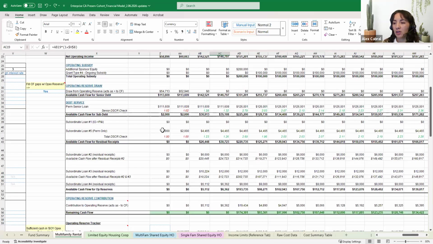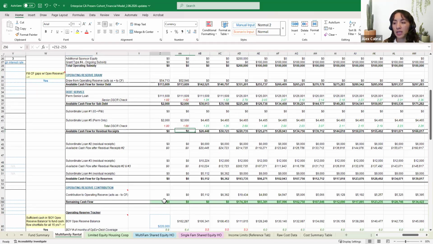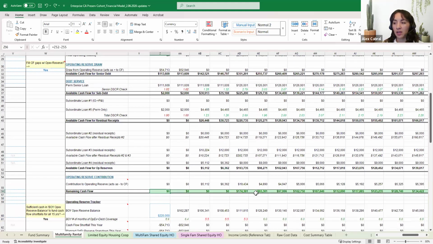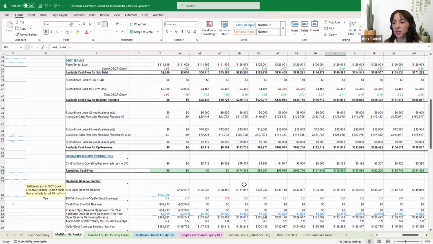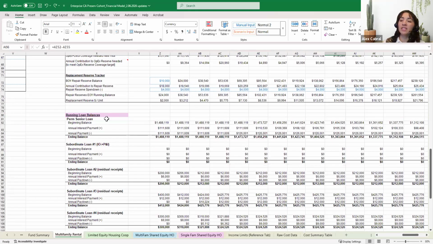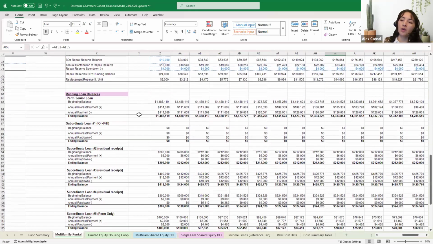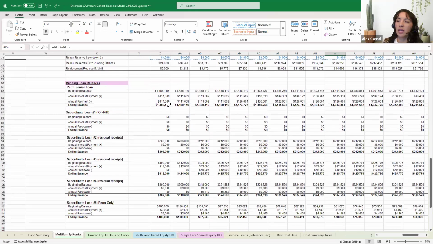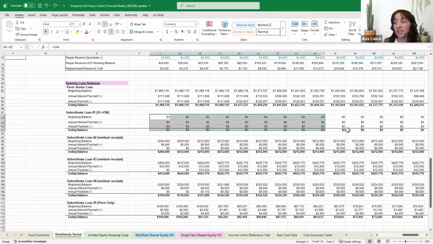And the operating reserve is only contributed to if there is positive cash flow at the end of the year. Those are the two differences between those two reserves. Here at the bottom of the table, you have running loan balances. So this will tell you how quickly you're paying off the loans. And as you can see, this is zero because our subordinate loan number one ended with the AC rehab period.